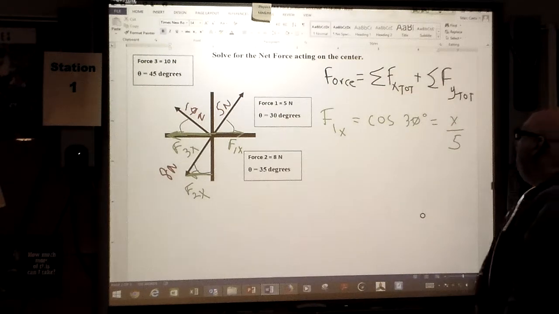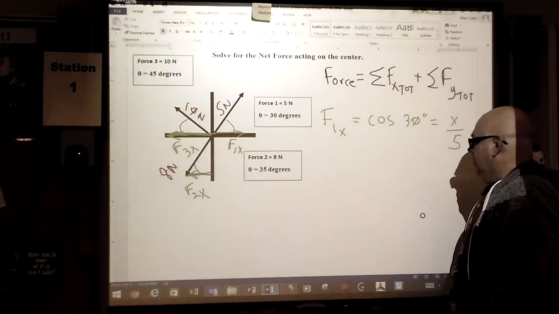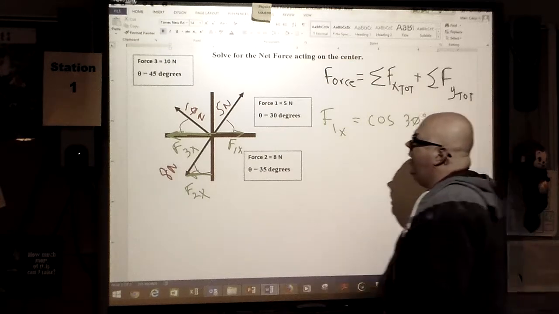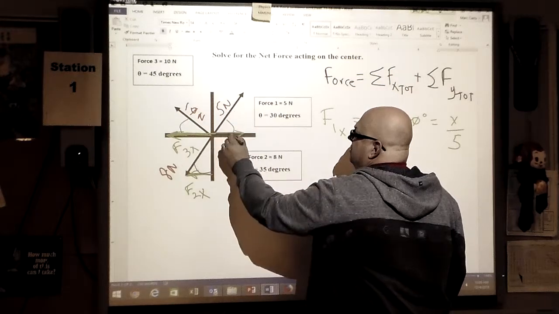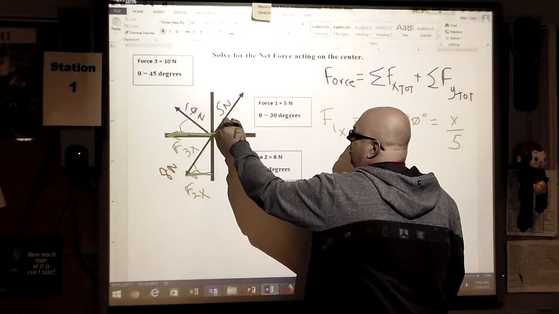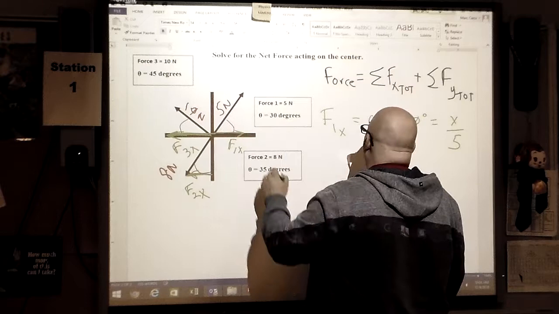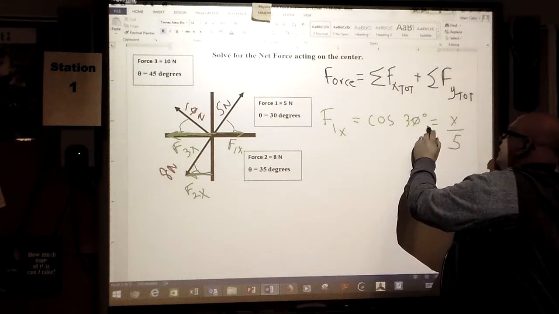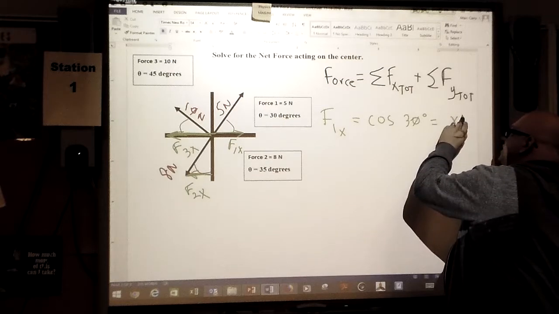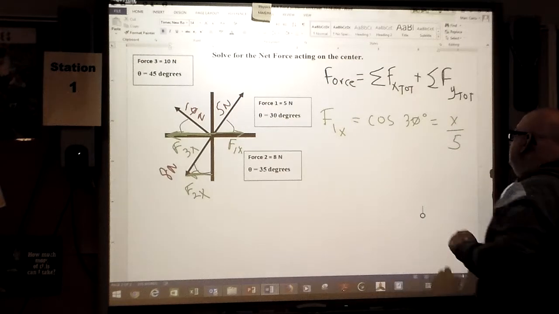And you'd say, but wait, why? Well, cosine, remember, is adjacent divided by hypotenuse. This is our angle of 30 degrees right here. So to figure out our x component, we need to take the cosine of 30. We know it's the adjacent over the hypotenuse.